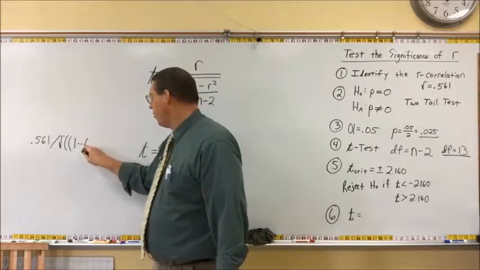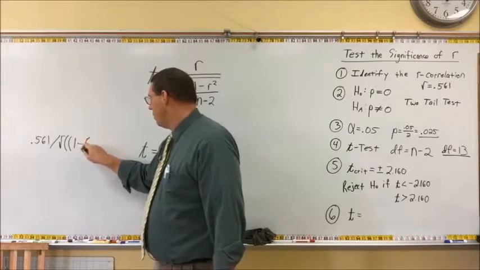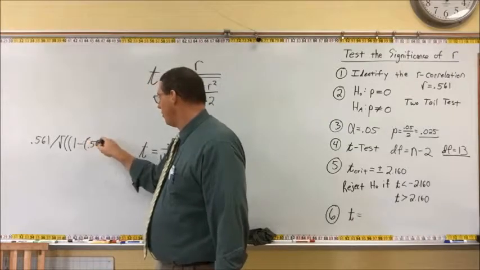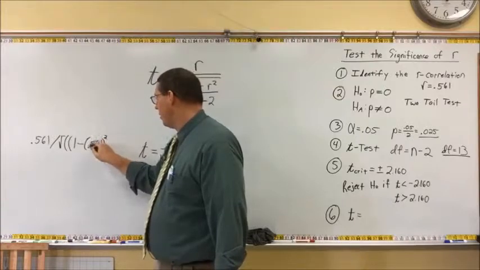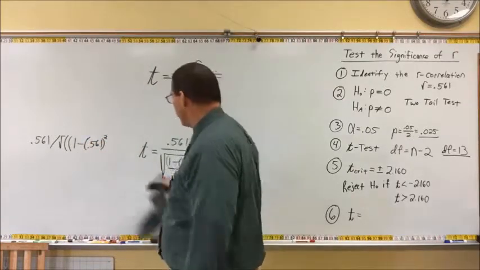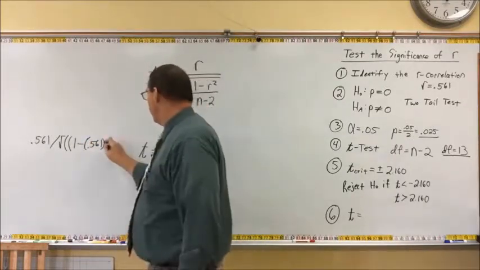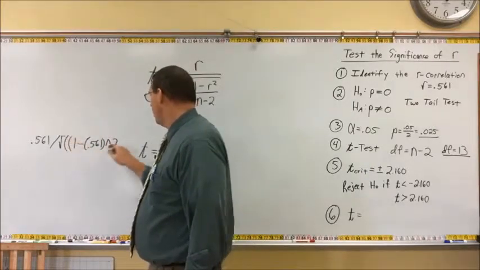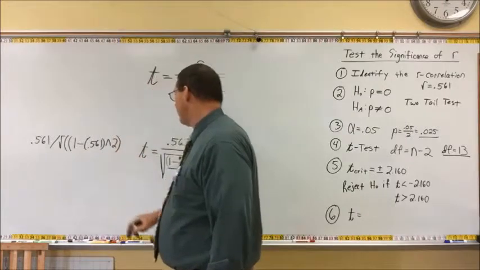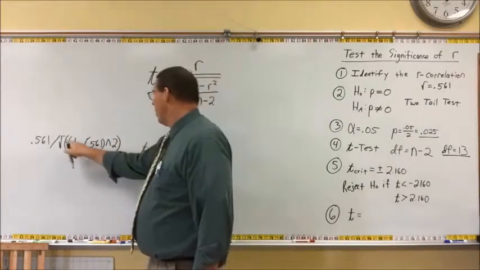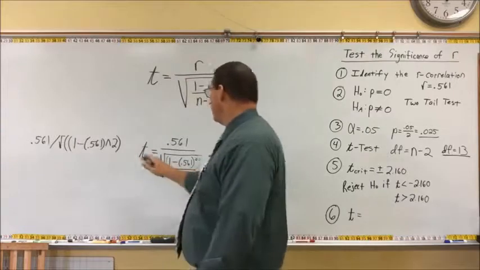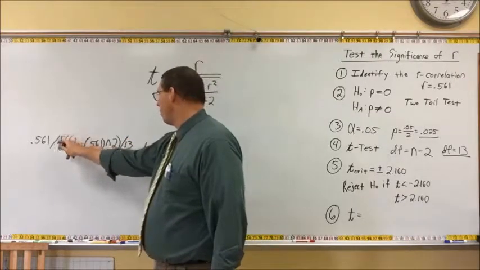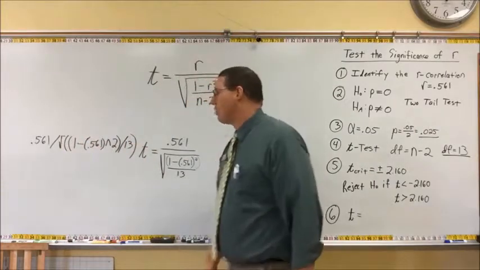Then I'm going to open another parenthesis and put 0.561, close this parenthesis and square it. And when I square, sometimes your scientific calculator will have this symbol for to the power of 2. Then I'm going to close that parenthesis and then divided by 13. Then I can close the parenthesis on the radical and press enter.